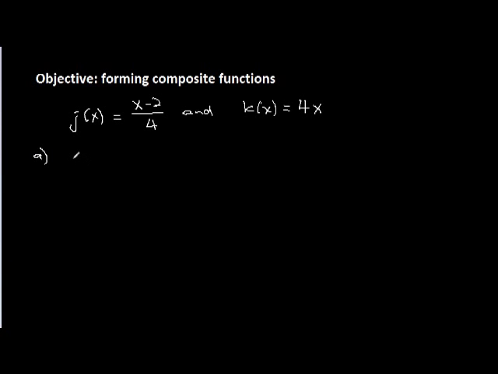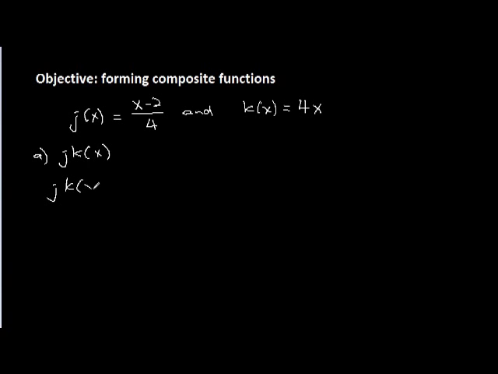And now we need to find j(k(x)). So this means we feed x into k and then followed by j. How are we going to form this composite function? It's very simple.